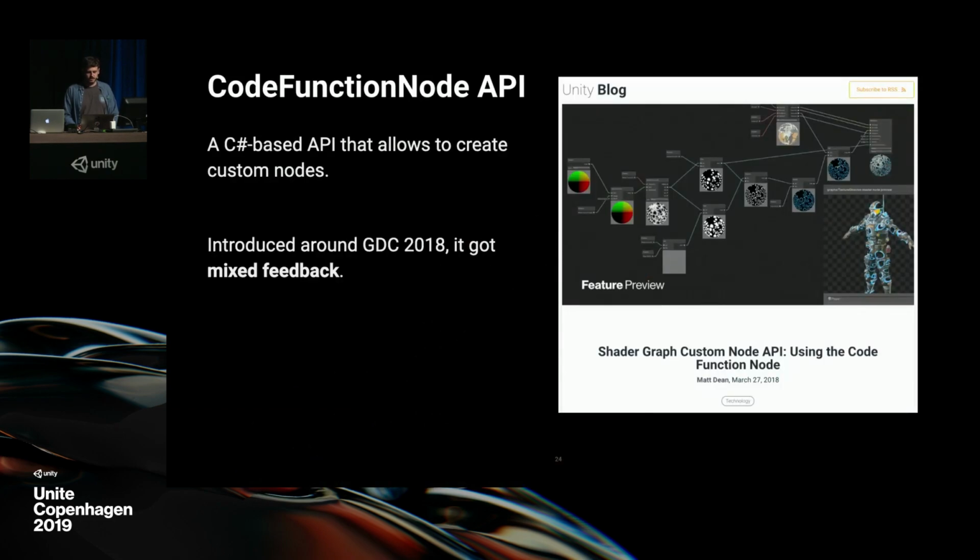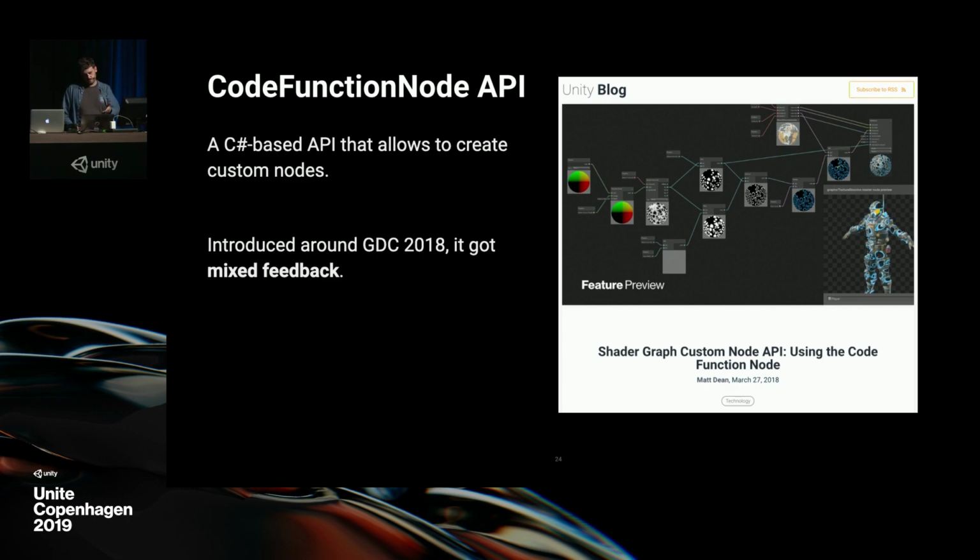In the beginning, we unveiled this API in C# that was called Code Function Node. So it was a set of API revolving around a specific class that allowed you to declare a new type of node in C#. You would create the class, and that would contain both the node definition, the outputs, and the HLSL code.